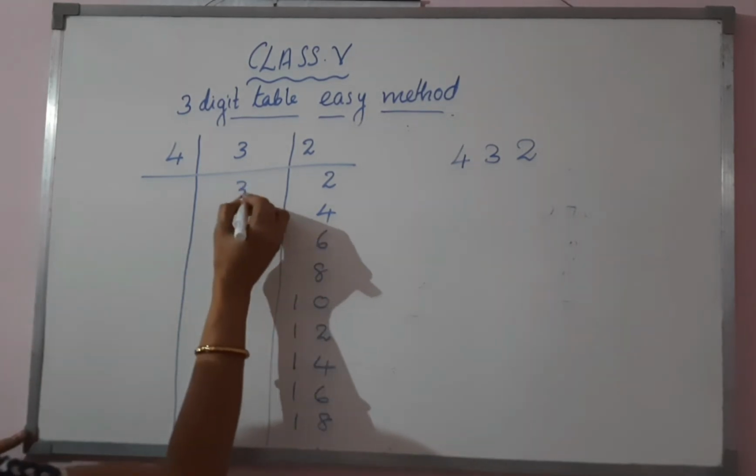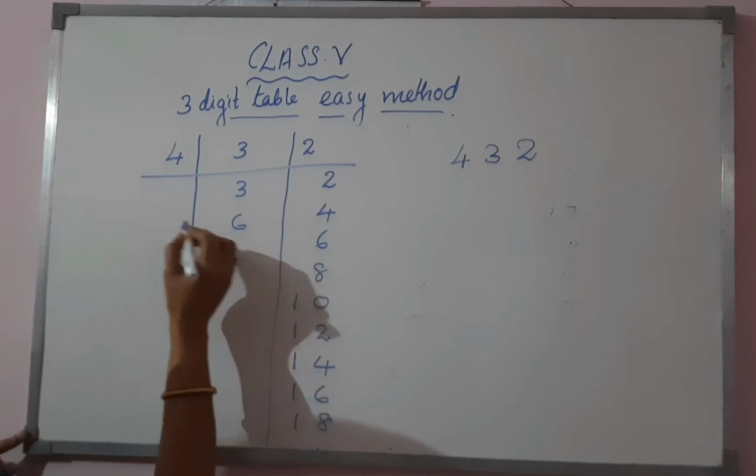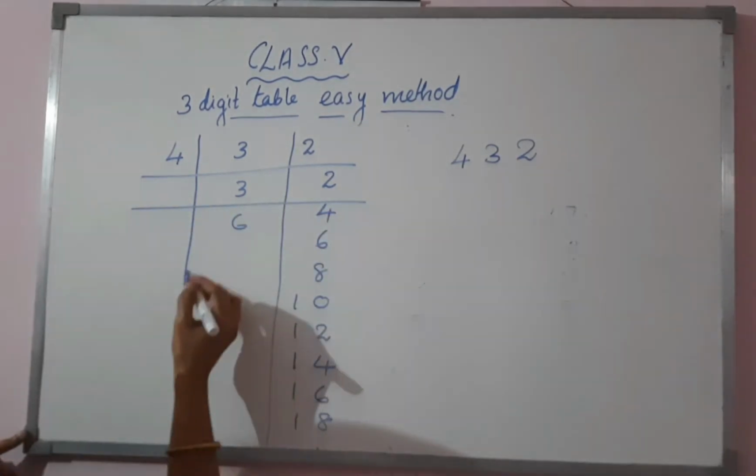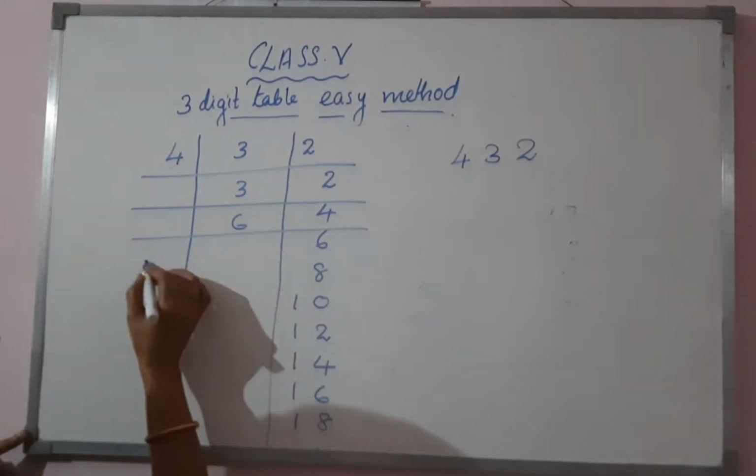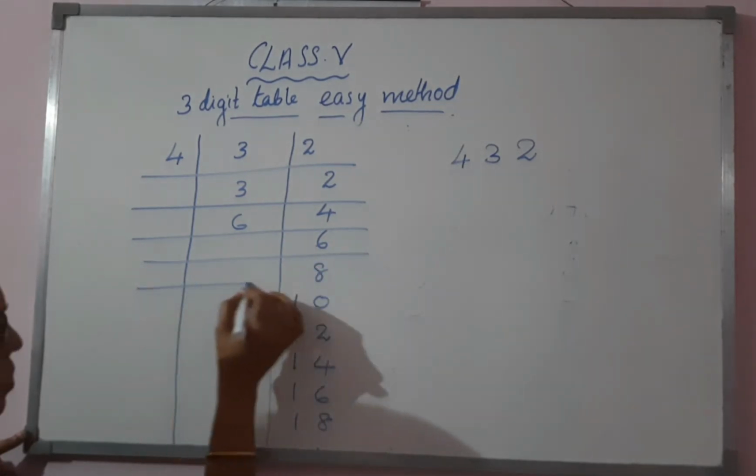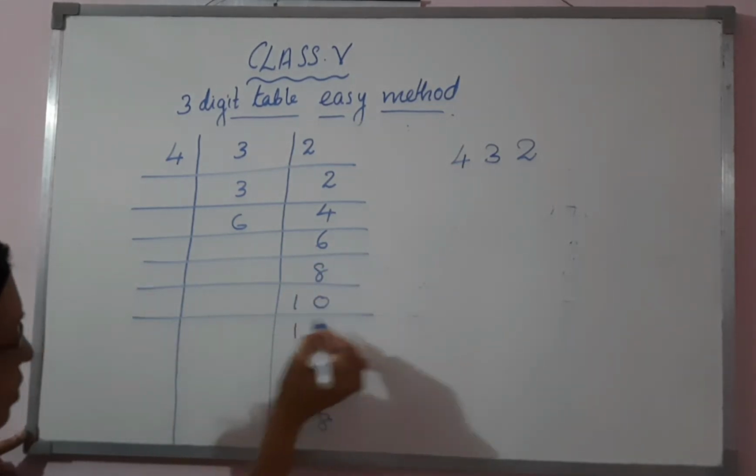3 table, 3 1s are 3, 3 2s are 6, so same way I am drawing lines here.